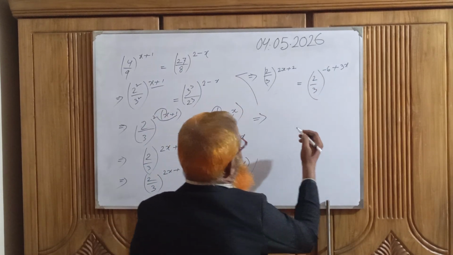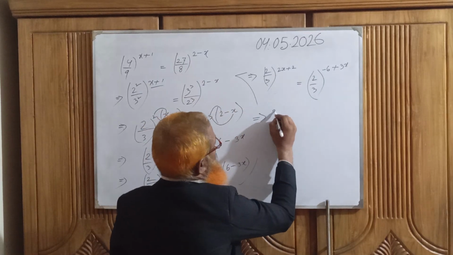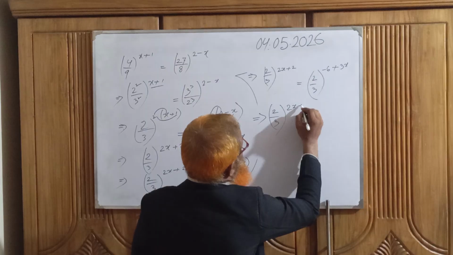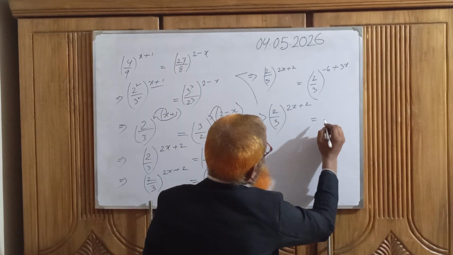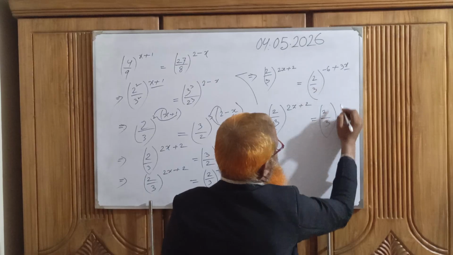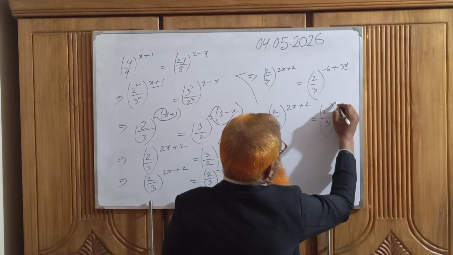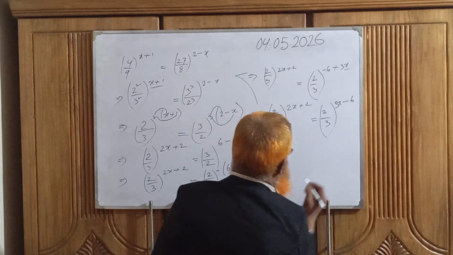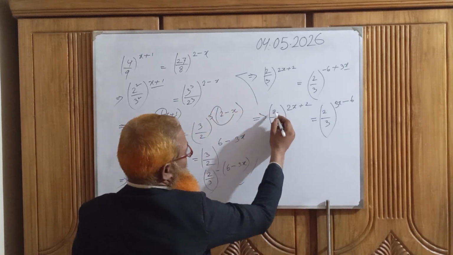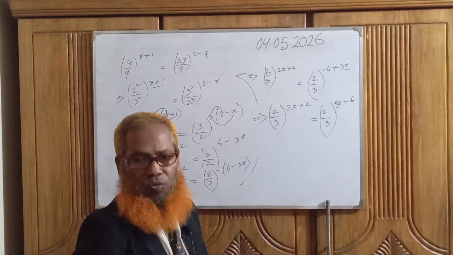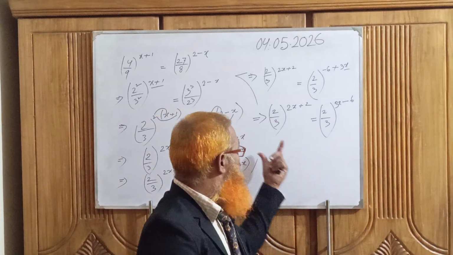What should we do next? 2 by 3 power 2x plus 2 equal to 2 by 3, write first 3x, then 6 minus 6. 2 by 3 and 2 by 3 are equal, so we remove 2 by 3 from both sides.